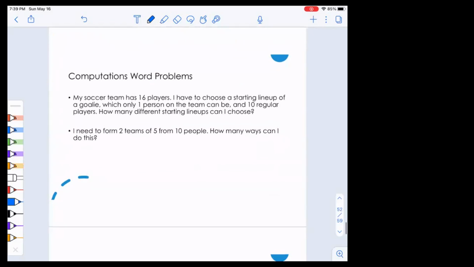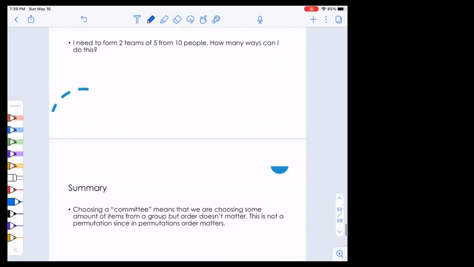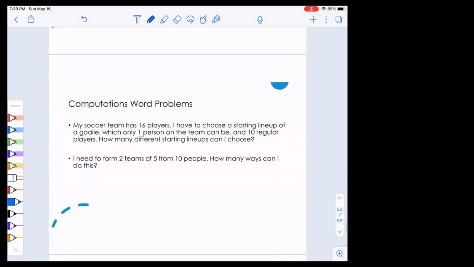All right, so now I have some word problems. So these are basically just like regular computation problems, except these are in word form. So once you figure out how to do the problem, it's really easy to solve it.